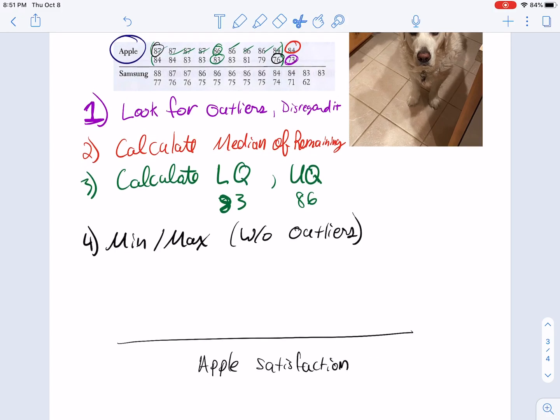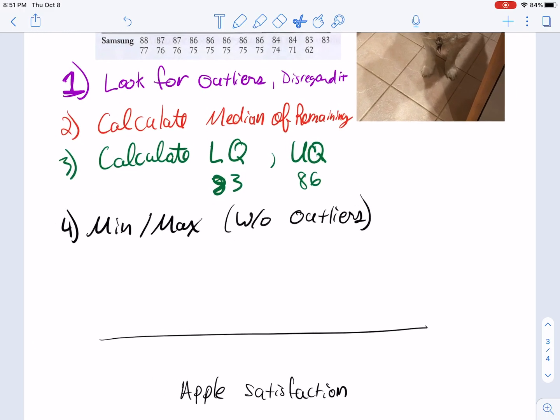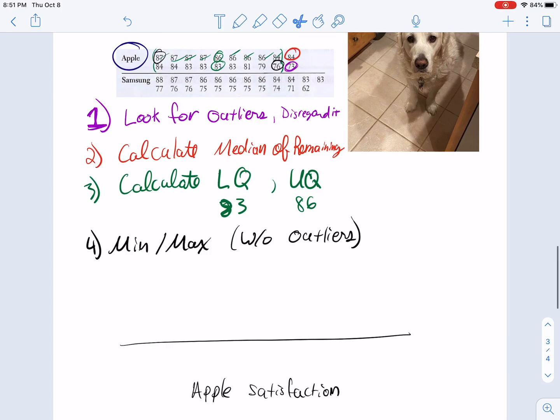We label our graph. And what do we plot? Well, first thing I will plot is our min and our max that we care about. So we have 76. We have 87. And above them, they get little dashes.